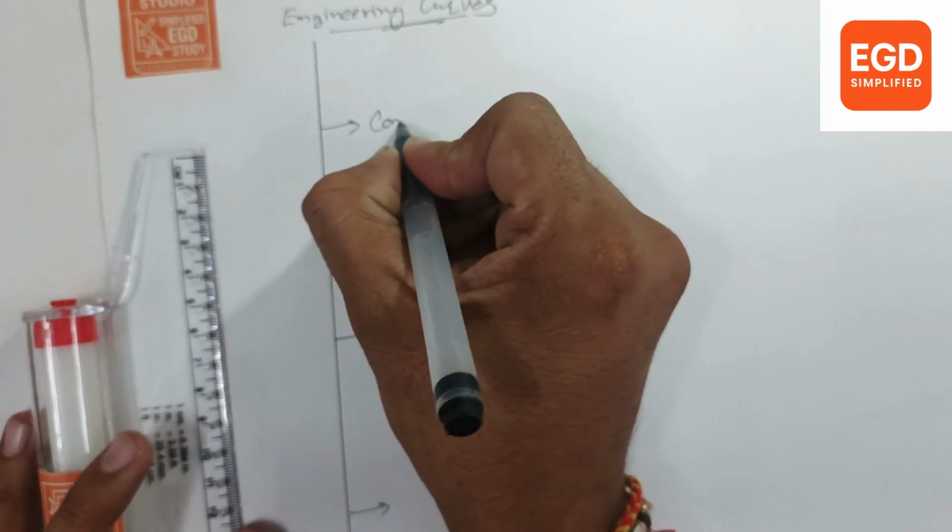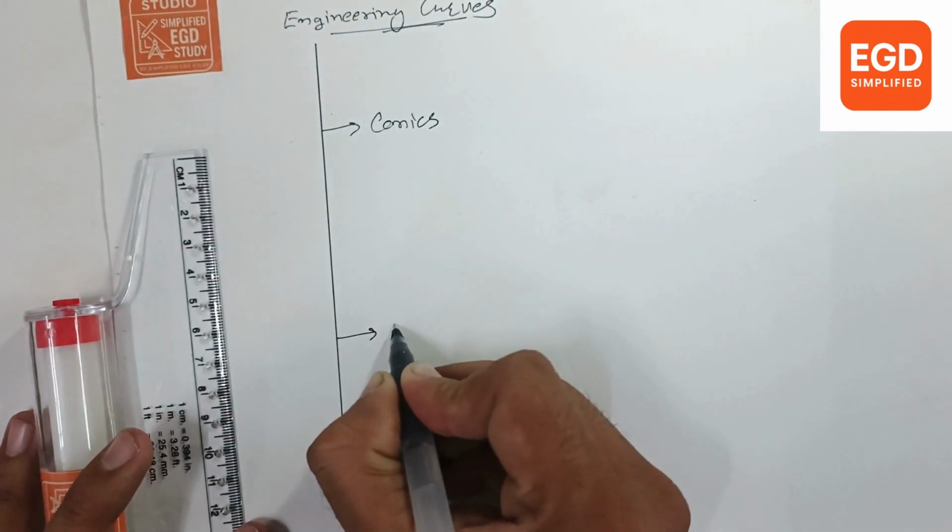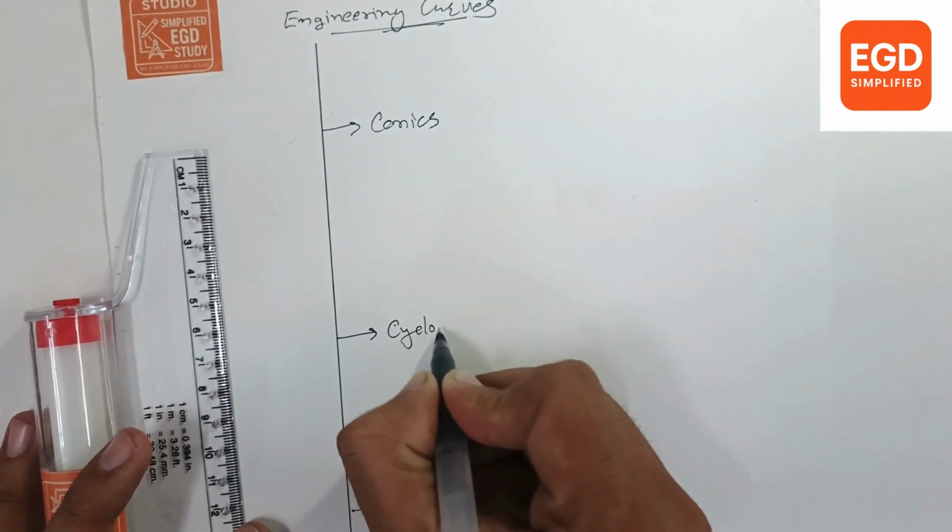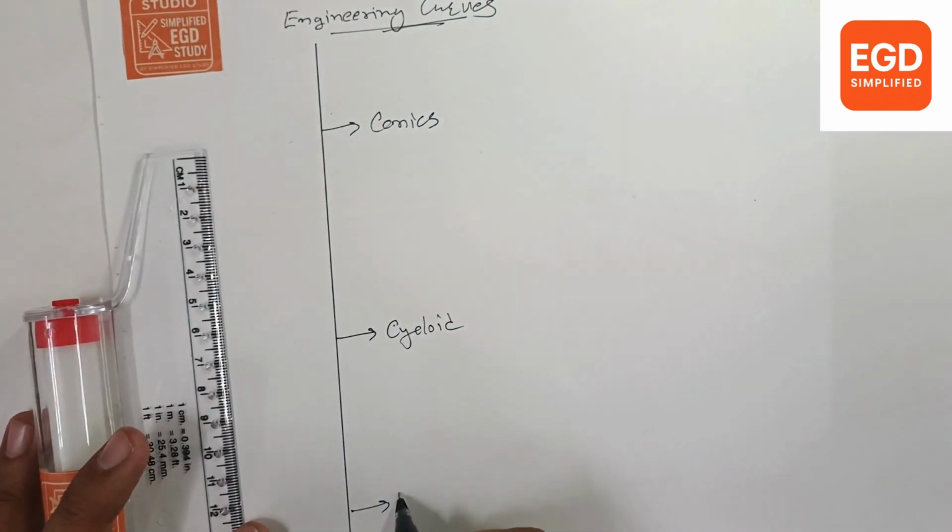First one is conics, another one is cycloid, third one is involute, and fourth one is spiral.